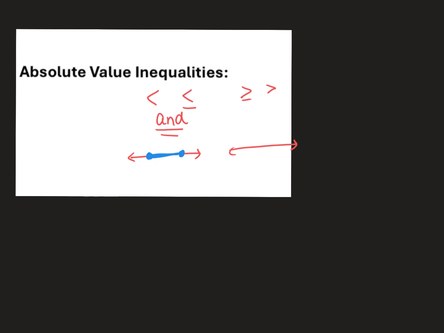And so for this one, it's an or, and it's typically graphed going away from each other. And one key thing to remember, before you can decide if you have an and or an or, your absolute value must be alone, just like when you're solving an equation.